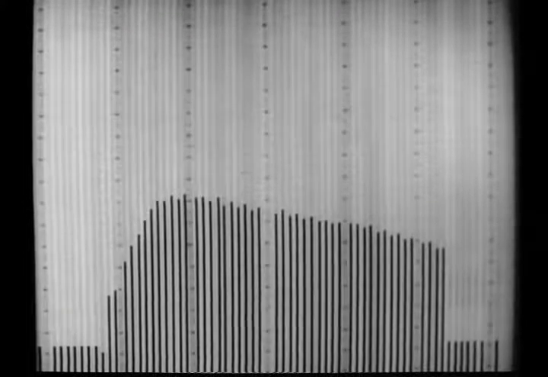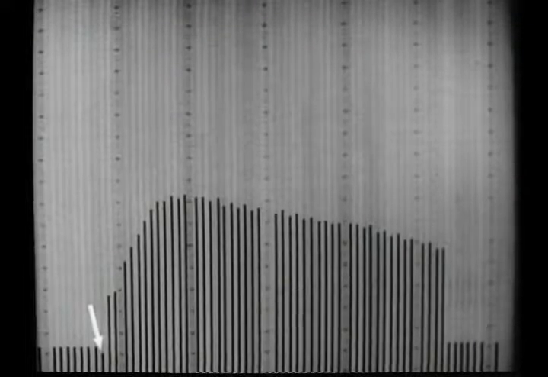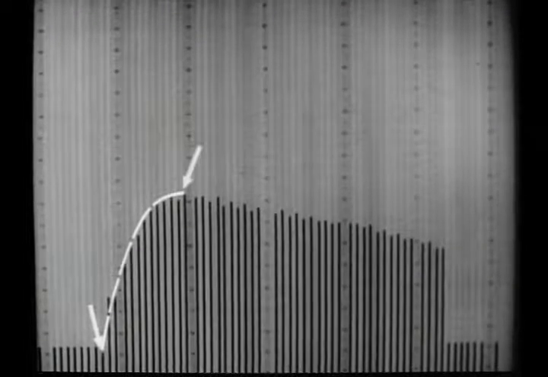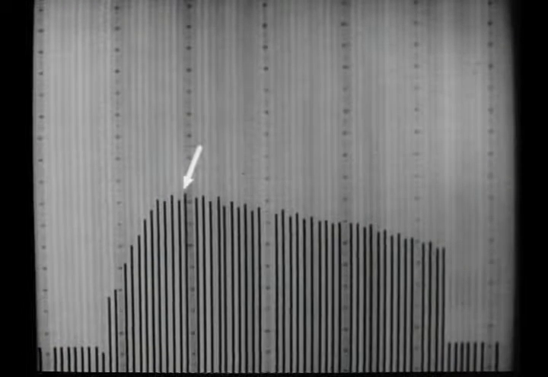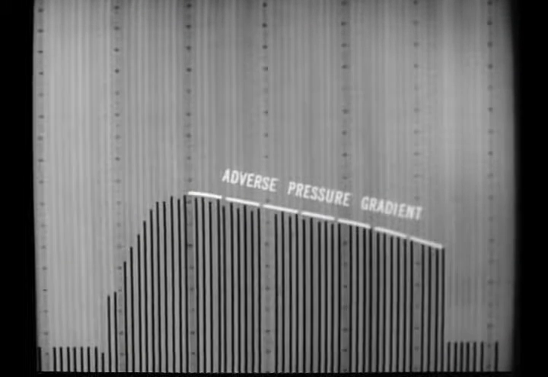The pressure is highest at the stagnation point on the leading edge, but decreases as the air flows aft until a minimum is reached near the point of maximum thickness. After this point, the pressure increases so that an adverse gradient exists up to the trailing edge.